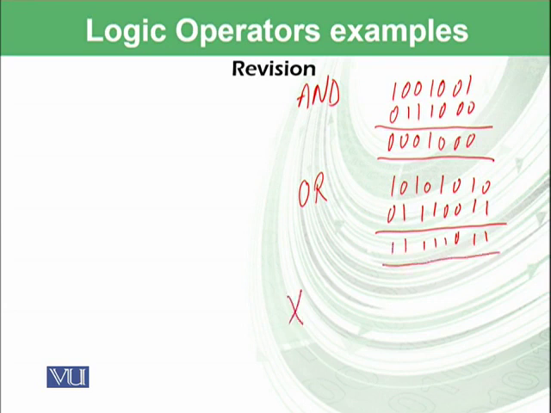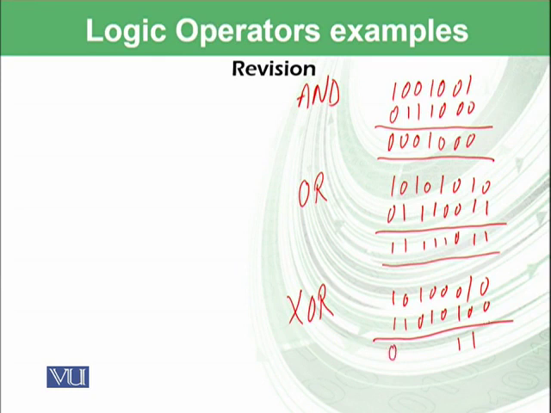And then there was exclusive OR. If any one of the inputs is 1, it gives 1, but when both of the inputs are 1, it gives 0, and when both of the inputs are 0, it gives 0.